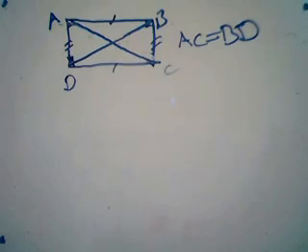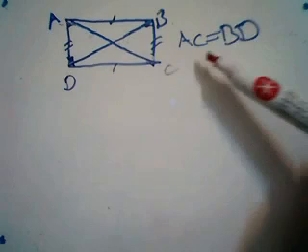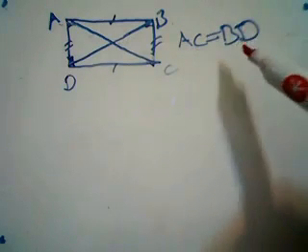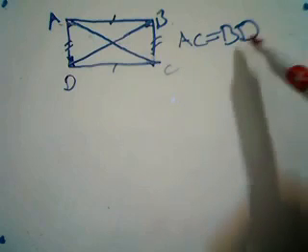Okay, when it is required to prove that two lengths are equal, one way is using congruent triangles. So we should find two congruent triangles, one side of which is AC and one side of another triangle is BD.